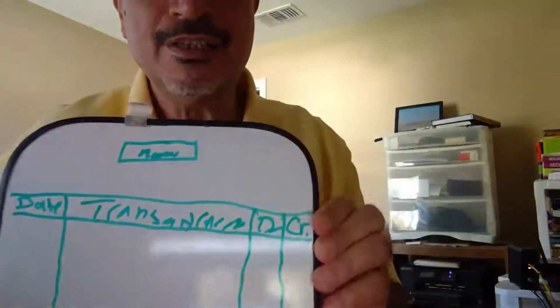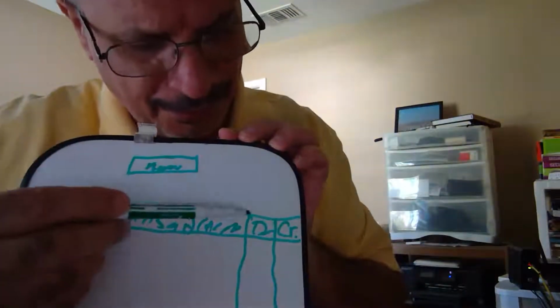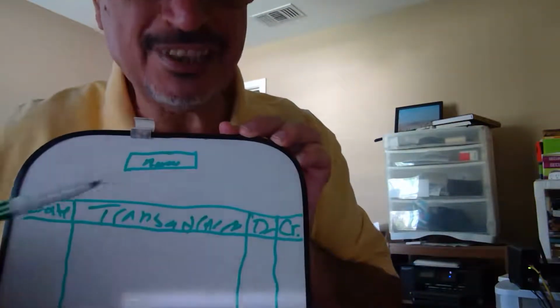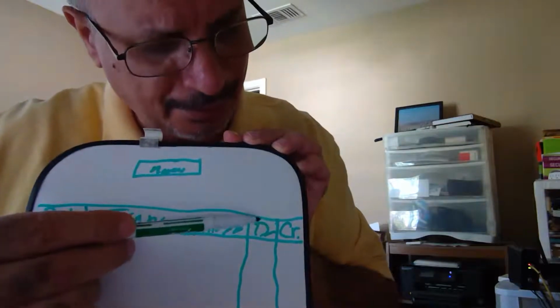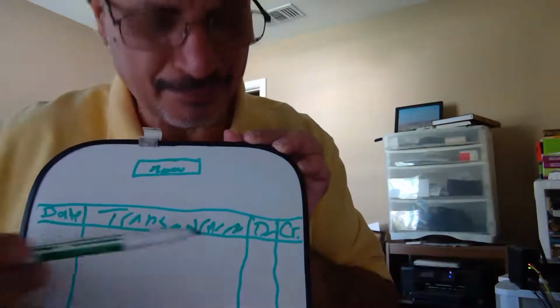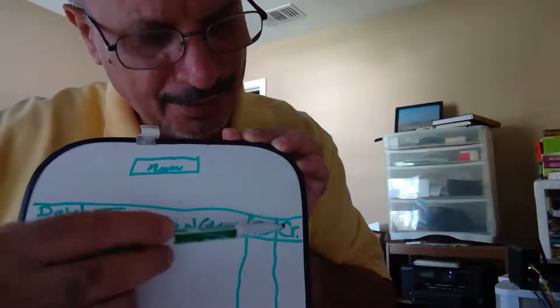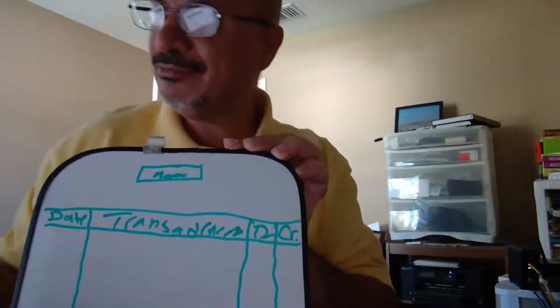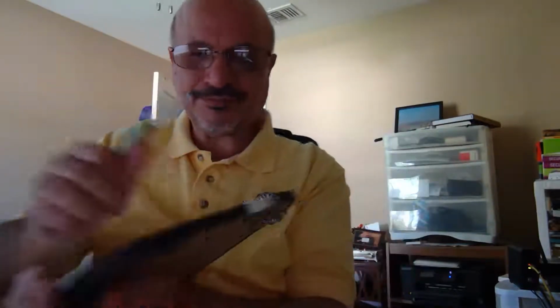This is debit, DR, and this is credit, CR. That's how the general journal looks like, and in the general journal we record daily transactions.